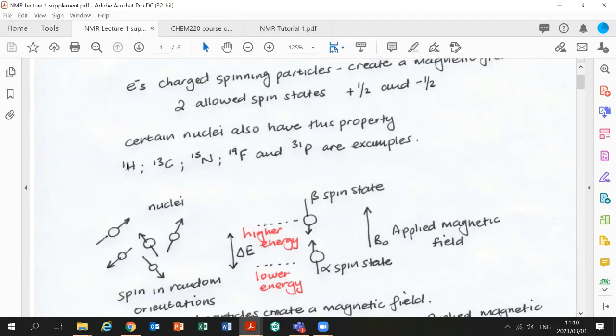Right? So if you think back to first year, your atom is made up of a nucleus, and in that nucleus you have protons and neutrons, right? So if I have a mass number of 1 in hydrogen here, it means I only have 1 proton and 1 electron in my hydrogen atom. I don't have any neutrons here.